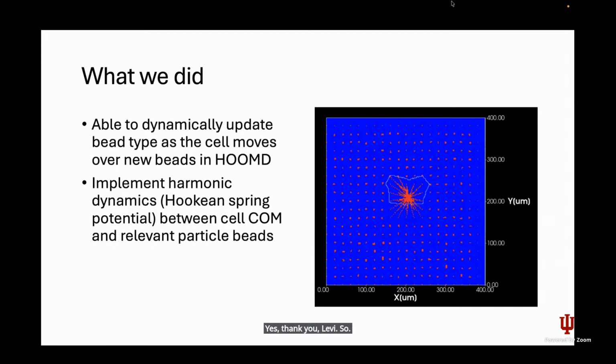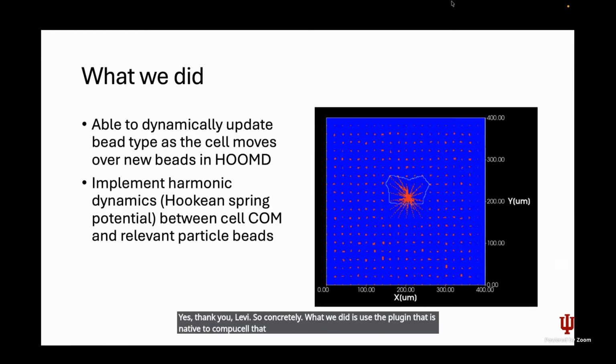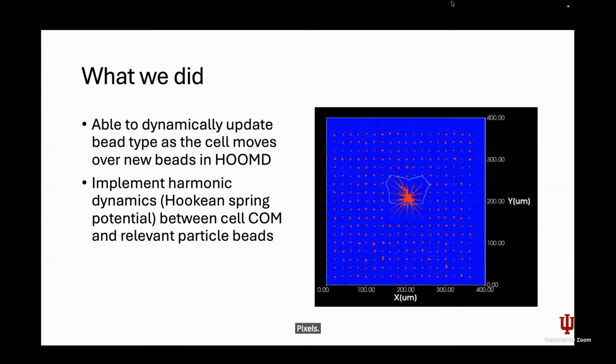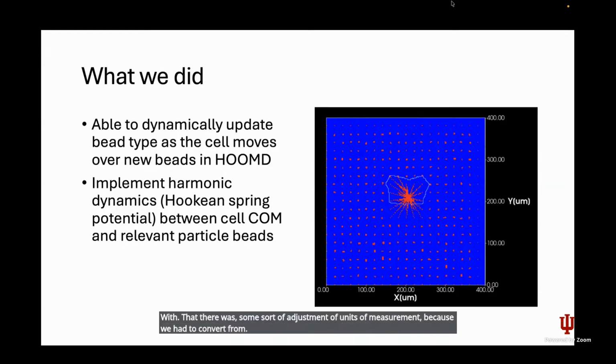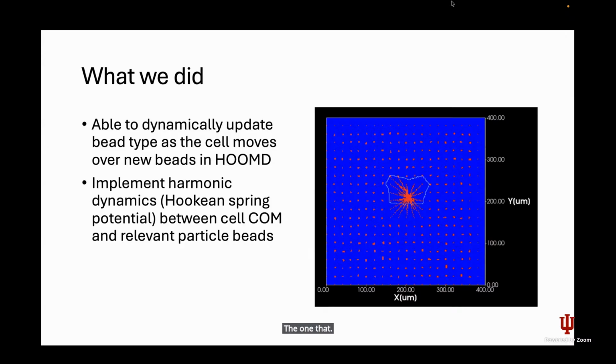So concretely, what we did is use the plugin that is native to CompuCell that tracks the pixels that belong to a cell, and with that there was some sort of adjustment of units of measurement, because we had to convert from the CompuCell3D pixel grid into the one that is used by the package UMD Blue.